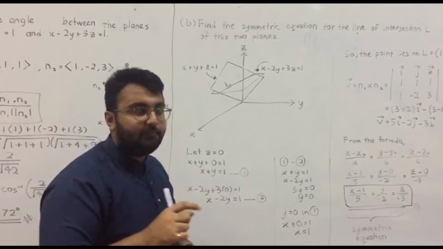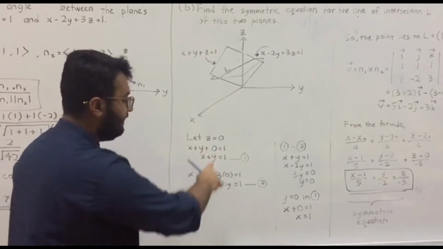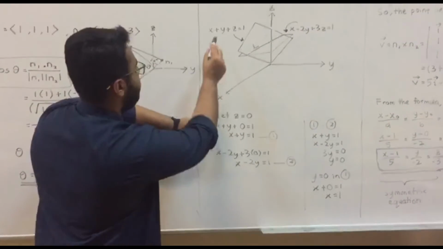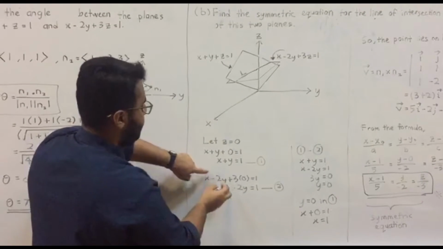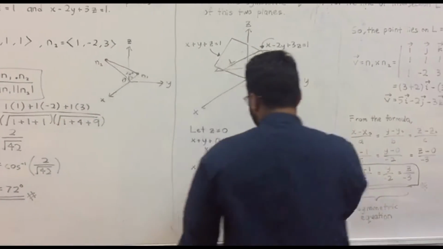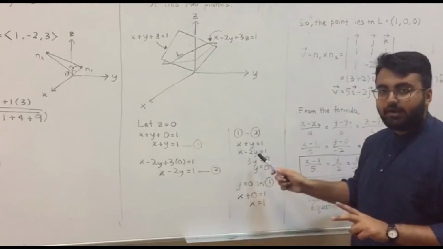In order to find a point, we let z equal to 0. We substitute z equal to 0 into the equations from n1 and n2, and then we only have two unknowns, x and y.